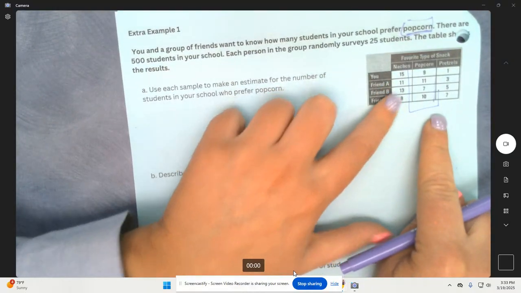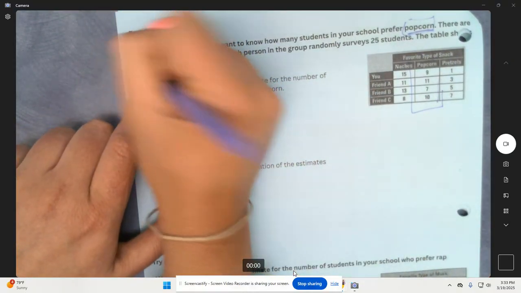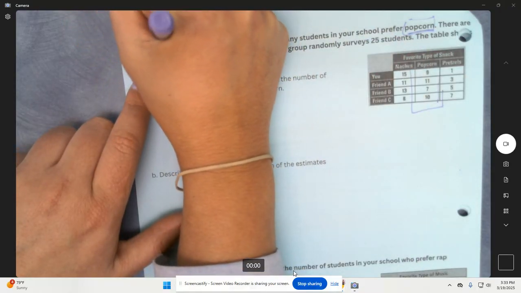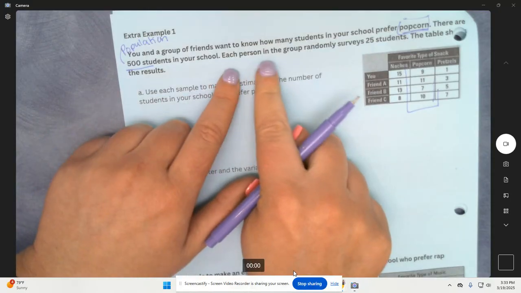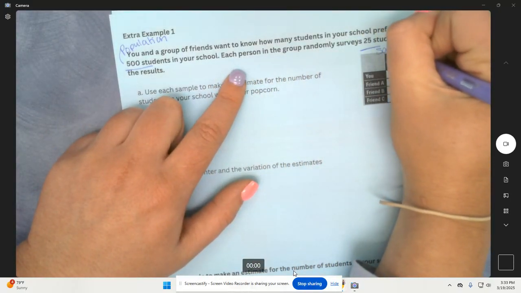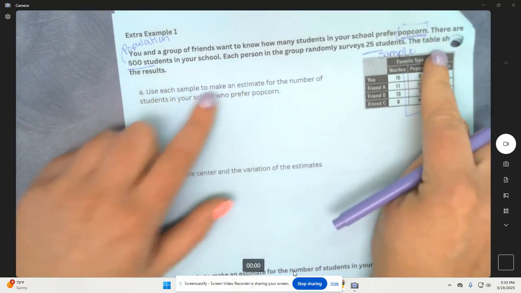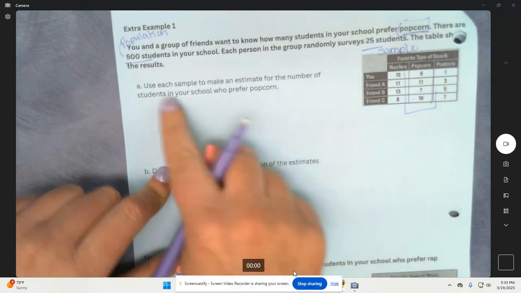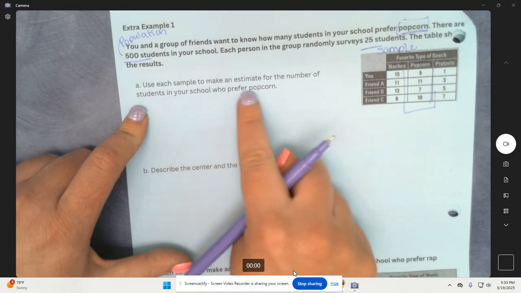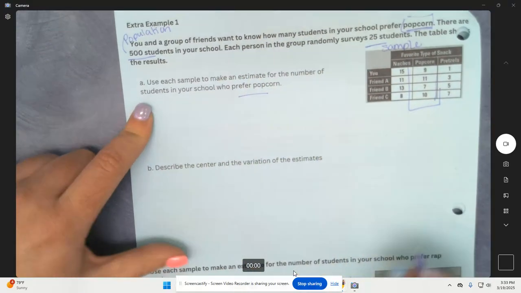We're looking at popcorn. There are 500 students, so that's my population total in your school. Each person in the group randomly surveys 25 people, so there's my sample. The table shows the results. Use the sample to make an estimate of the number of students in your school who prefer popcorn. So that's where you're going to do the same thing.